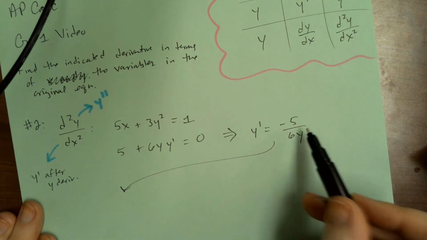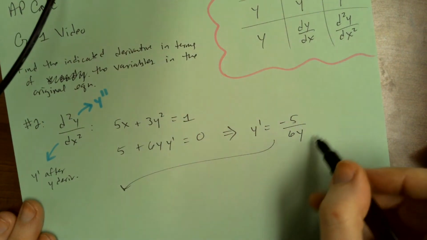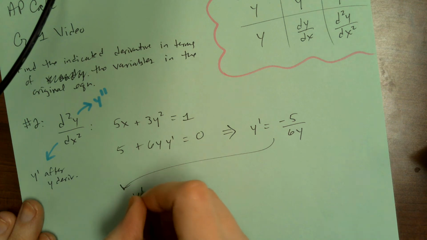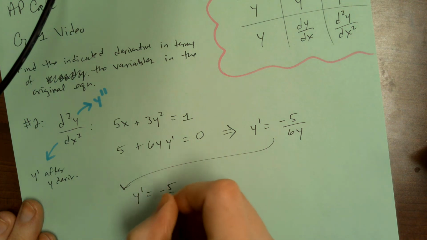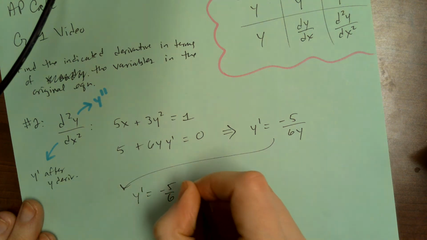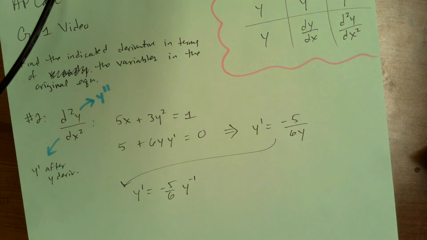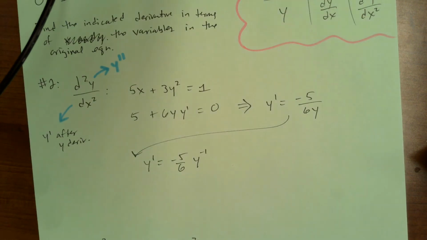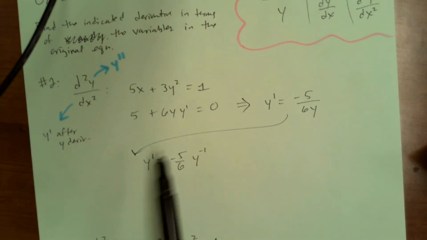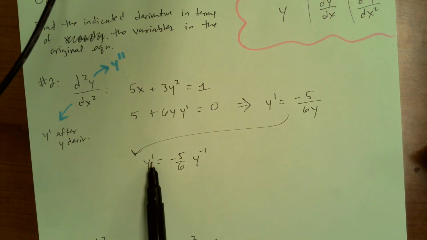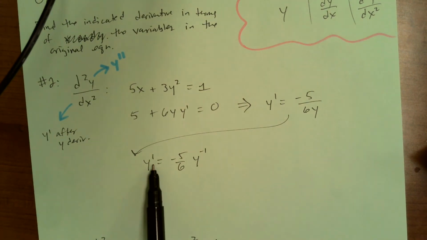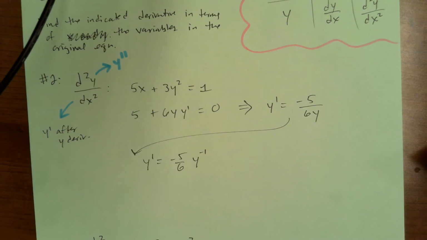If you just raise the y to the negative 1, so this is y prime equals negative 5/6 y to the negative 1. Now, somebody was mentioning this to me earlier, this does look like y to the first, but we just have to understand from the larger context of the problem that it means y prime.